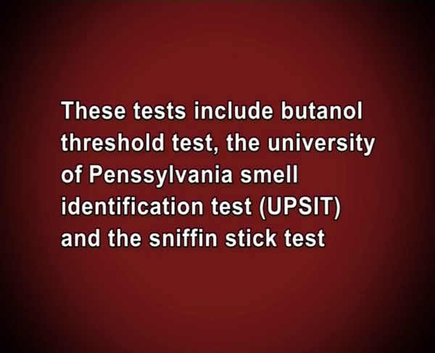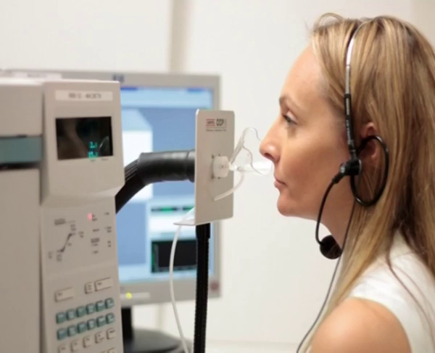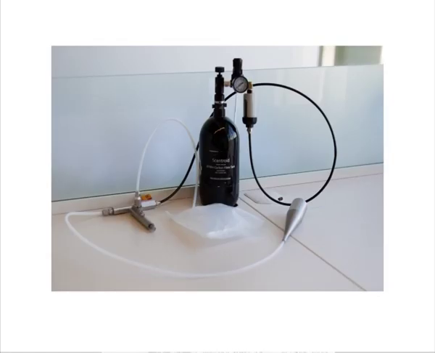These tests include the butanol threshold test, the University of Pennsylvania Smell Identification Test, that is UPSIT, and the sniffing stick test. The butanol threshold test involves a forced choice test using an aqueous concentration of butyl alcohol in one sniff bottle and water in the other.